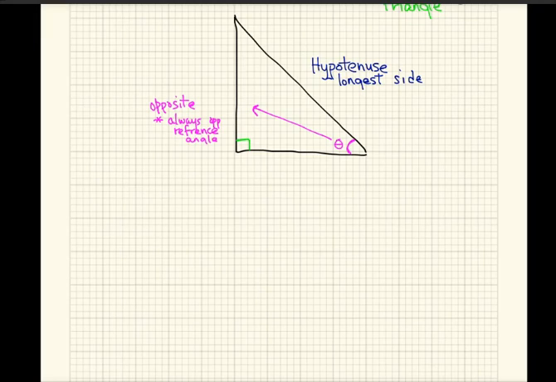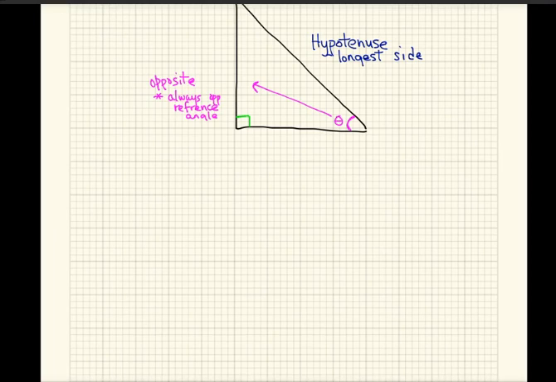Okay, so that's one. And then your other side, which let's put in dark green, is going to be your adjacent.